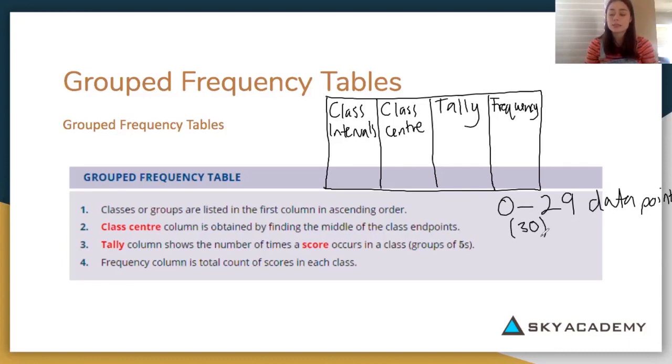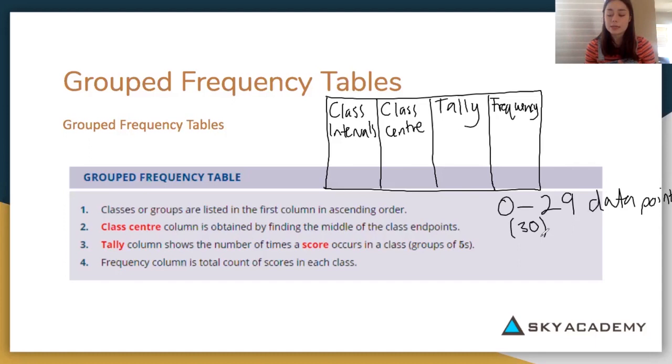Grouped frequency tables prefer divisions of 5 to 15 groups, and they want you to choose class intervals that are easy to read, such as groups of 10 or groups of 5. Since we have 30 data points, I'm going to choose to break this into 6 groups with 5 in each.